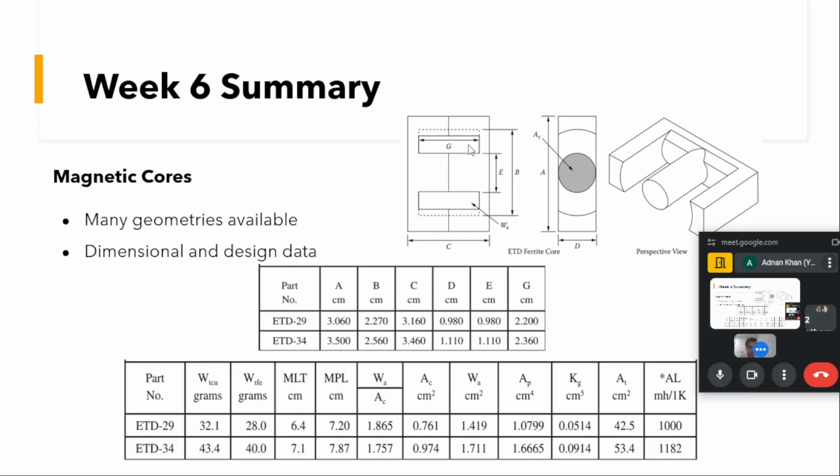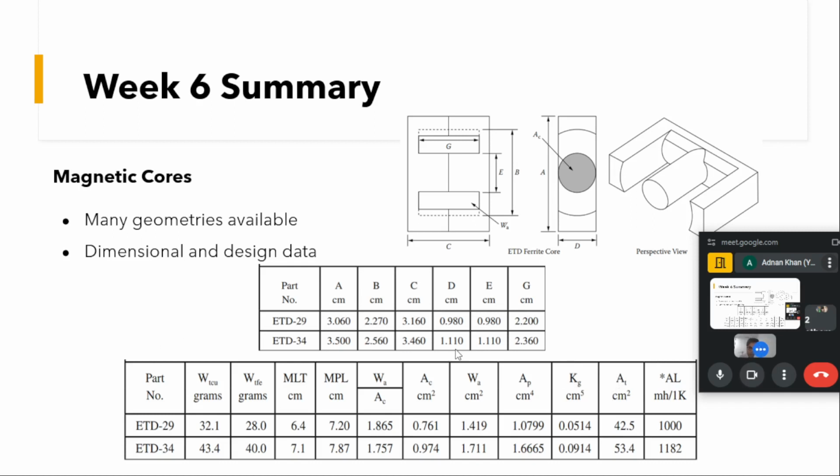It is given for different dimensions like A, B, E, G, C. For a particular core, these are provided by the manufacturer, and other parameters are also provided, like the weight of the core, the mean length per turn, which we shall cover in the subsequent slides, the mean path length of the core, the window area of the core, the area of the core, the area product, the Kg, and so on and so forth.